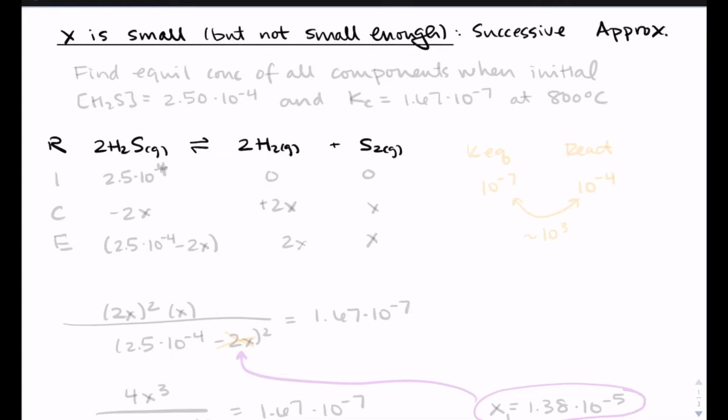Okay, so what if x is not small enough? When you use the x is small approximation that we just talked about, and you test it and you get a percentage that is greater than 5%, you proved that x was not small enough to have made the assumption, but depending on what you have, you may have no other way to solve the problem.